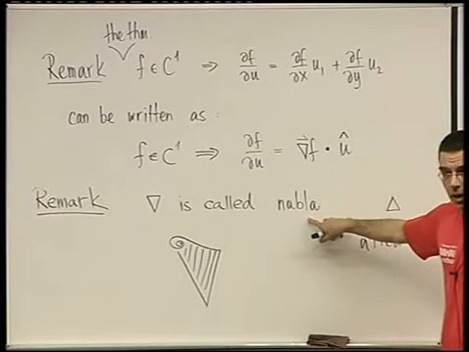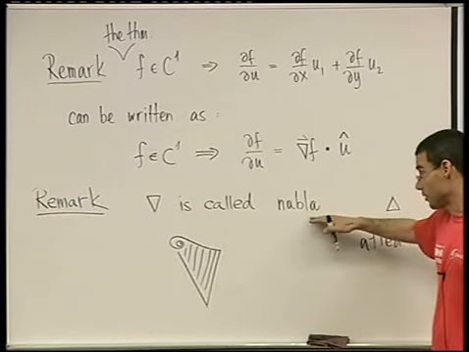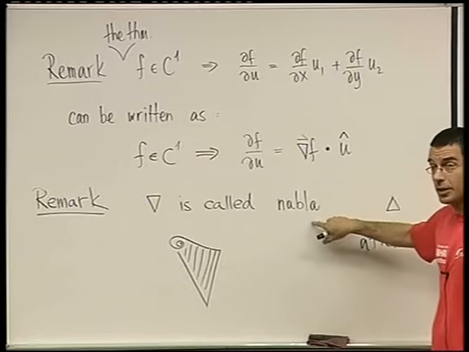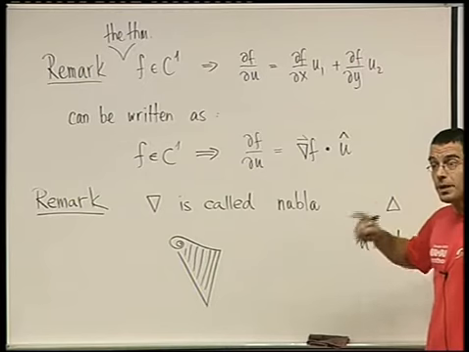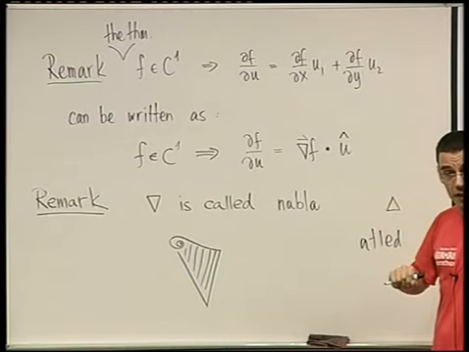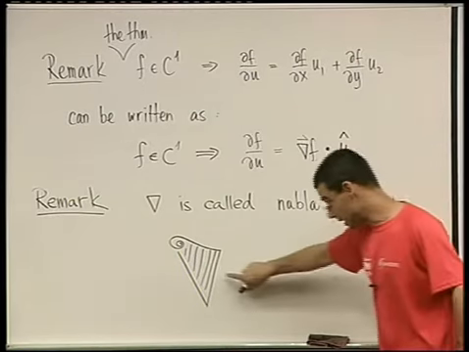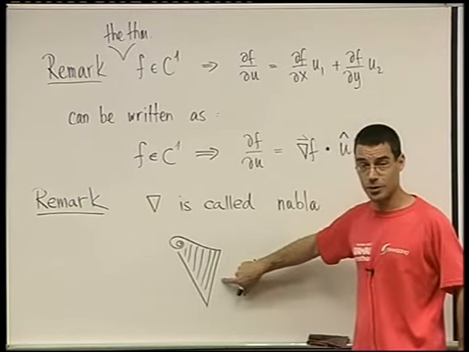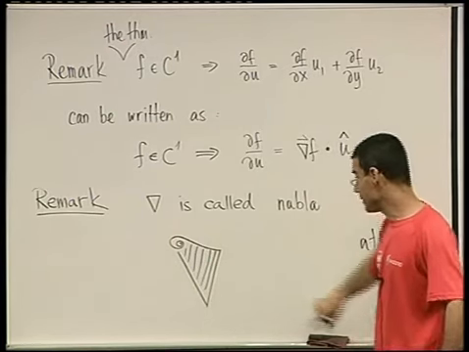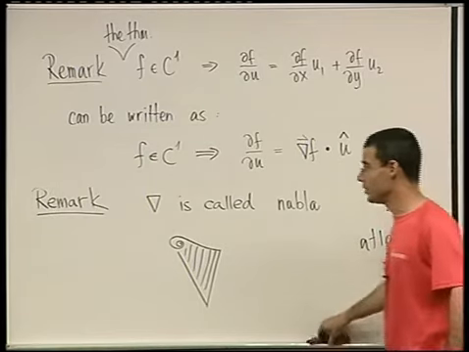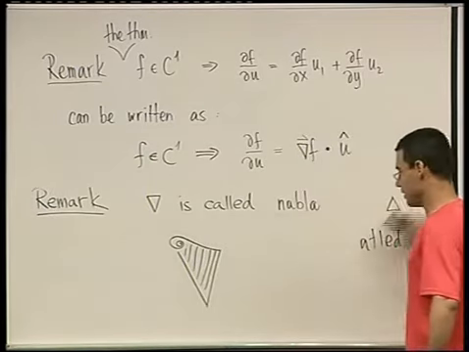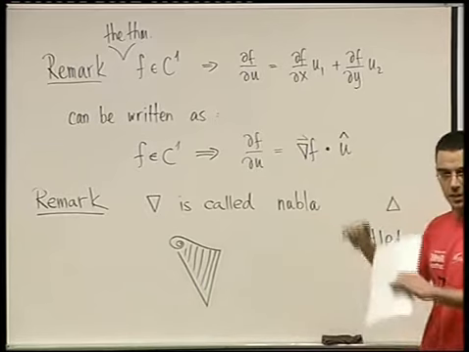I don't know which one precedes the other. I in fact think that the Greek word for harp, nabla, was preceded by the Hebrew word for harp, which is nevel. I'm quite sure that nevel came first. So that's the origin of this notation. Can you picture King David playing his harp for the sheep?